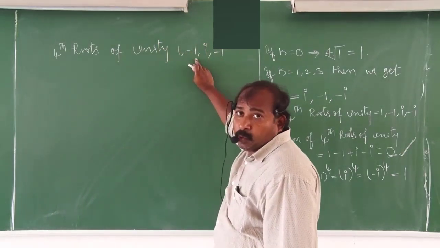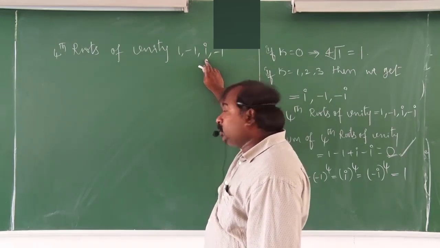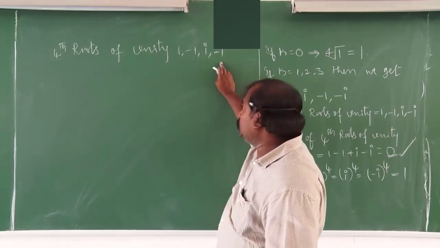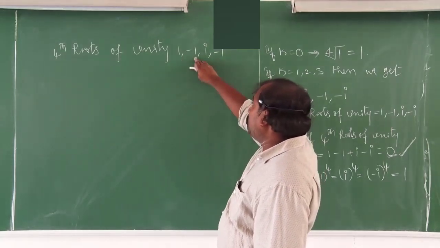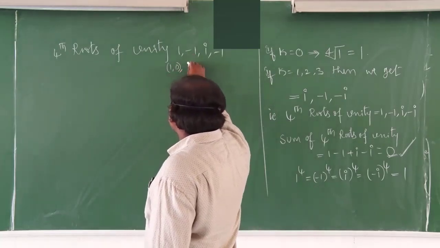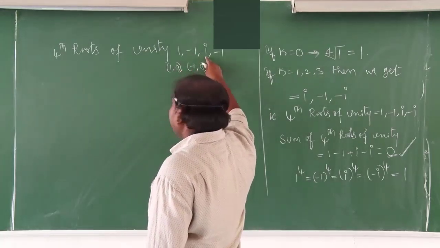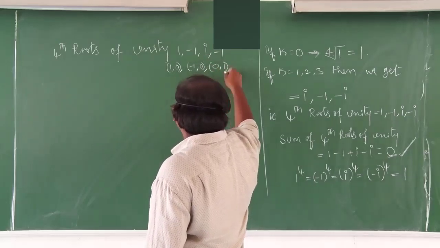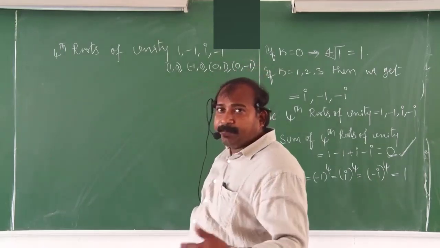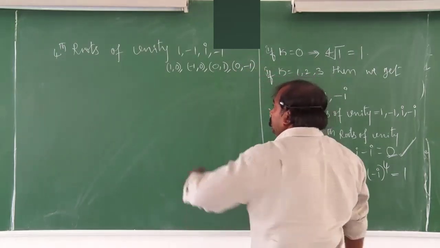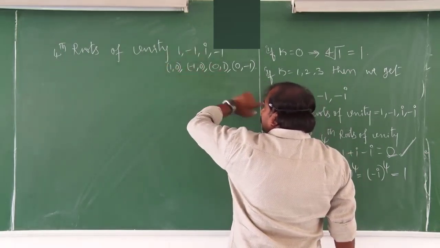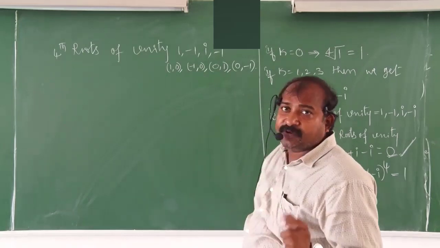Modulus of minus 1? 1. Modulus of i? 1. Modulus of minus i? 1. That means the distance from the origin to each point is 1. The point 1 is (1, 0). Minus 1 means (minus 1, 0) is the point. i means (0, 1) is the point. Minus i means (0, minus 1). In complex form, these are the points, and all of them are at unit distance from the origin.